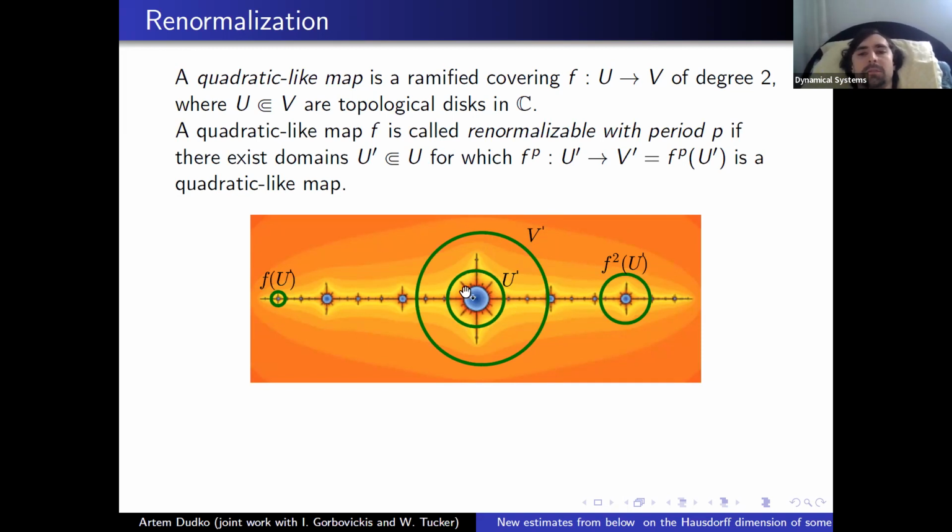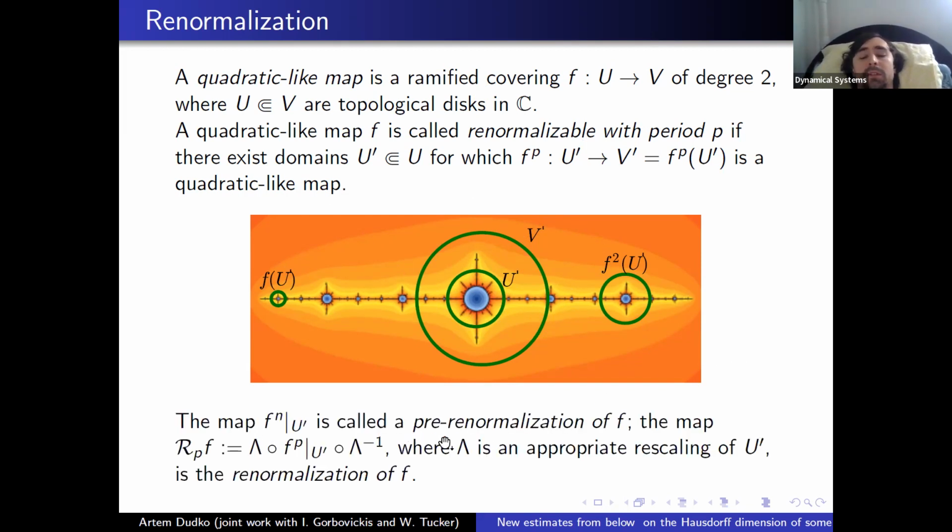So like on this picture, we have our initial map with its Julia set, and there is this small disk U prime around critical point, which under third iterate returns to a larger disk, so that the restriction of the third iterate under U prime is again quadratic-like map, ramified covering of degree 2.